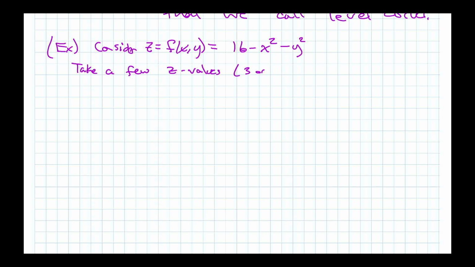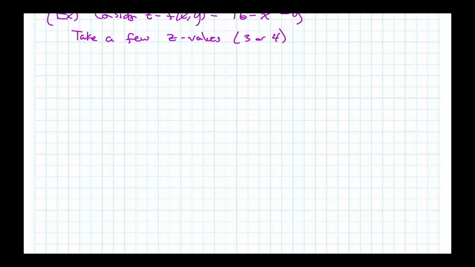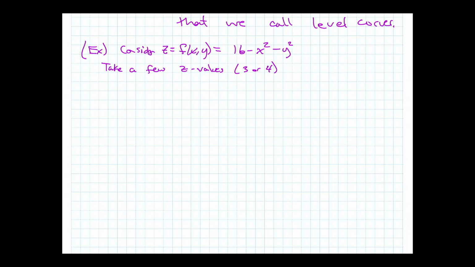Usually you do 3 or 4 if you're doing them by hand, and see what we get. So if I take z equals 0, I'm setting z equals 0 here and keeping the rest of the equation.